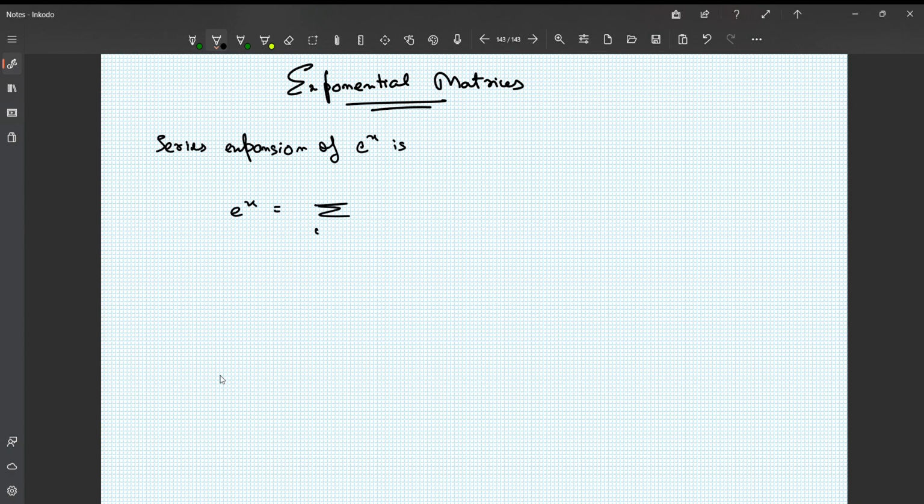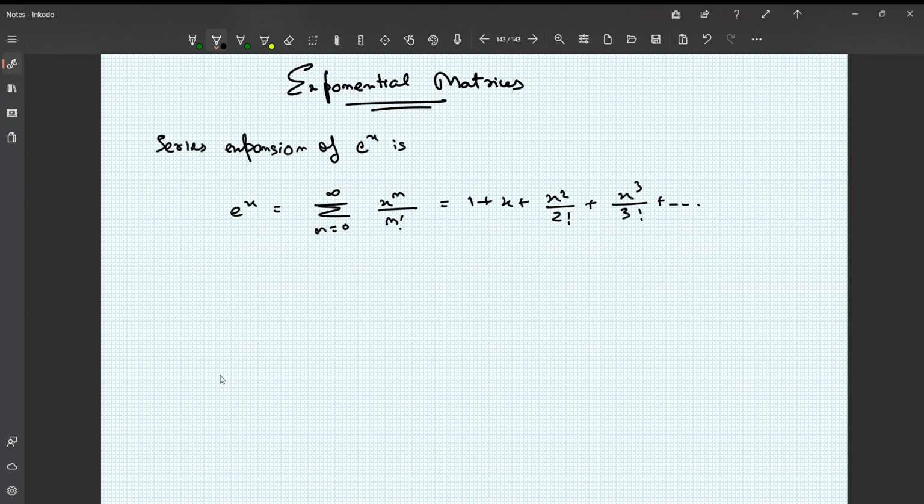It's summation n equal to 0 to infinity x to the power n by n factorial. Or you can write it as 1 plus x plus x square by 2 factorial plus x cube by 3 factorial and so on, right?